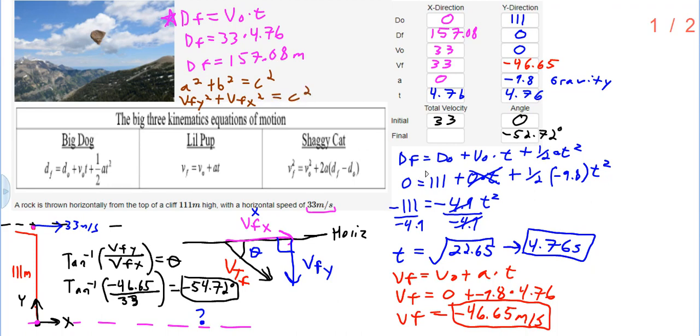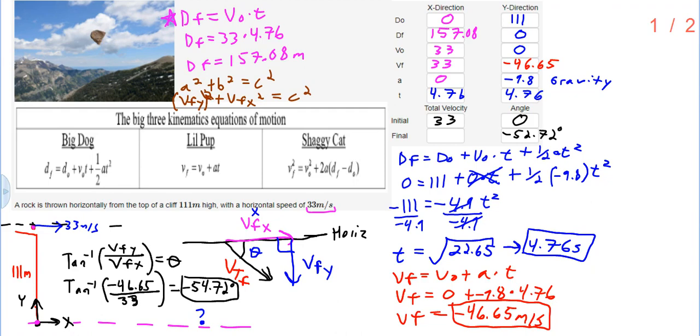The most important thing, though, that people make mistakes on when it comes to this type of problem is remembering when they plug this into their calculator. You need to plug in the velocity first, and I recommend doing it in parentheses and then squaring it, because that's something that a lot of people will mess up on, and their calculator will give them the wrong answer because of it.